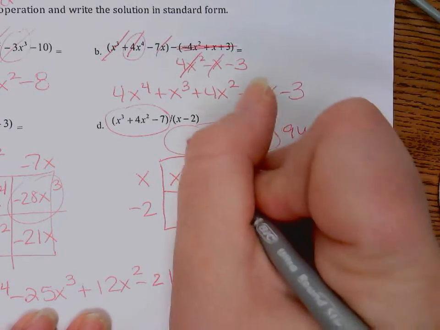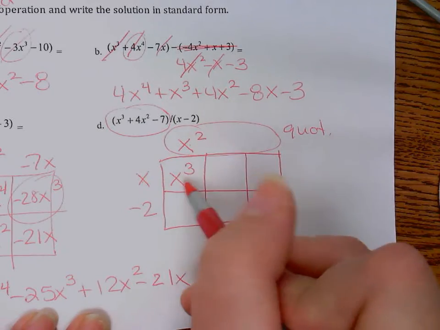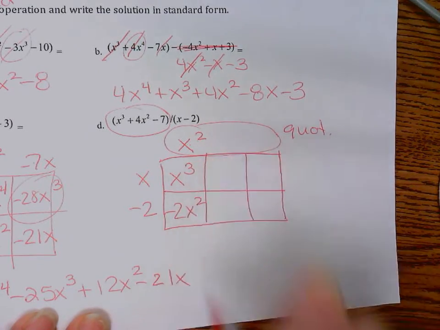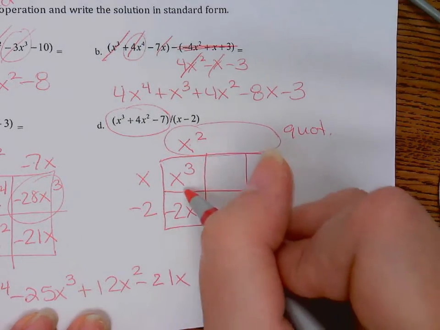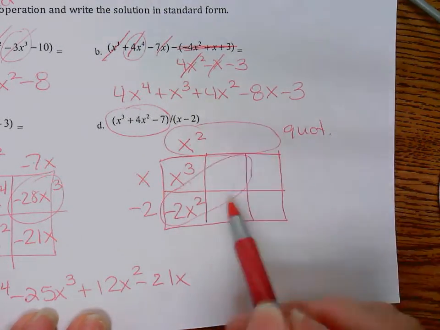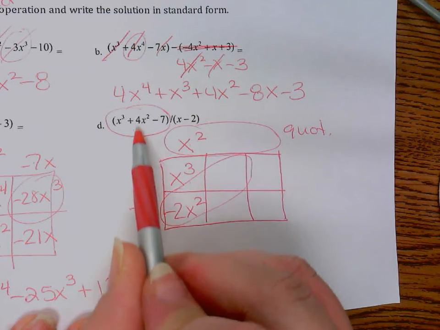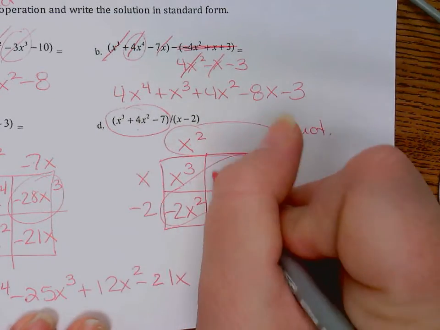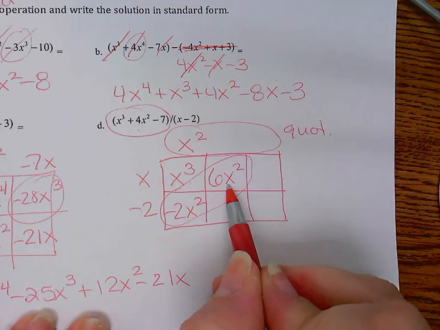So I would have x squared times x is x cubed. X squared times negative 2 is negative 2x squared. Now on this diagonal, I need to produce 4x squared. So what needs to go here so that these add together to get you 4x squared? It would be 6x squared.